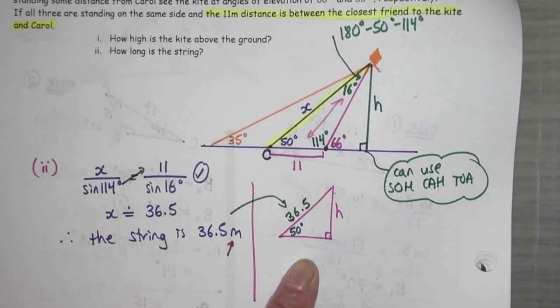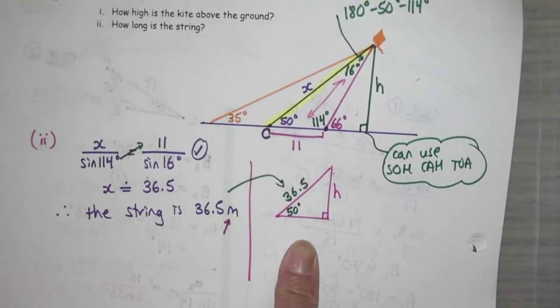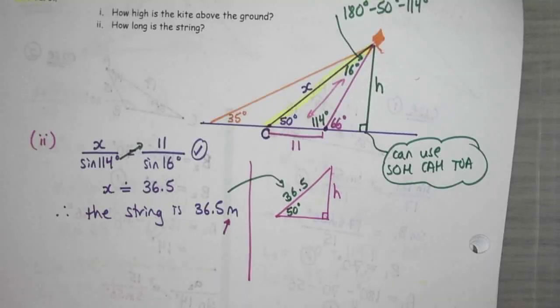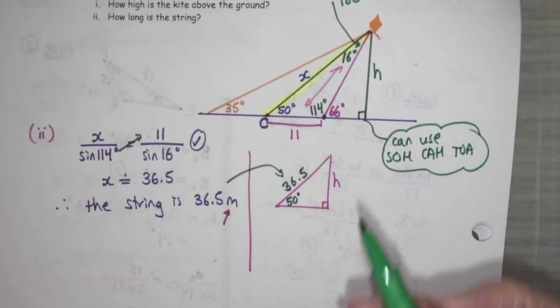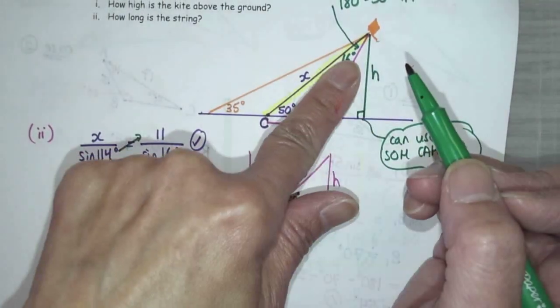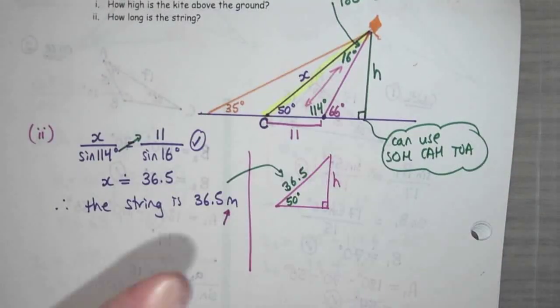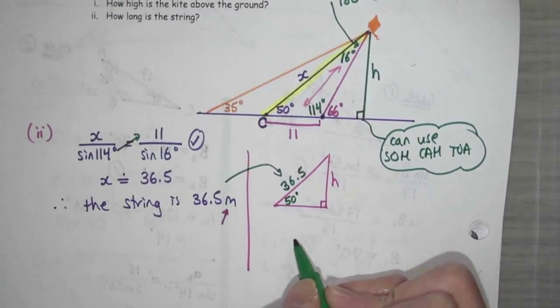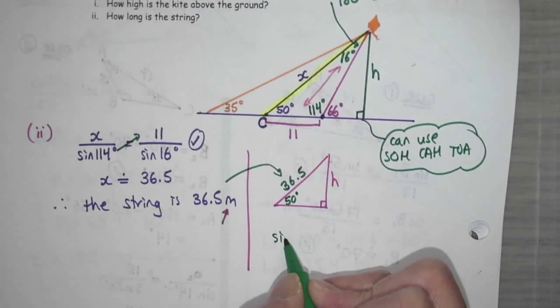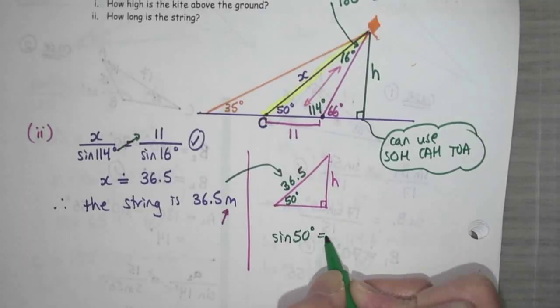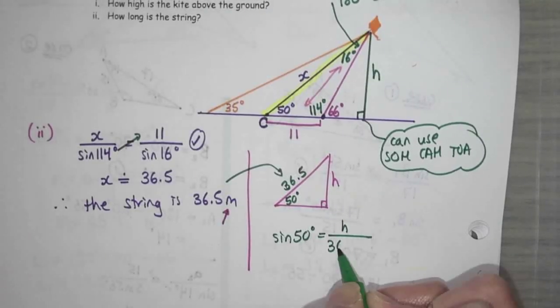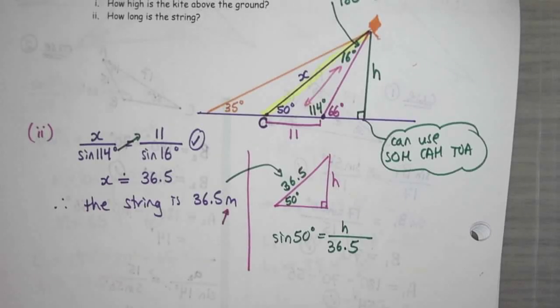You can find it that way as well, but try to look for an easy way too, right? So go stretch it out. I sometimes redraw it and go, wait, if I'm looking at this, ignore the middle line and redraw it and go, oh, that's SOHCAHTOA right there. So then to find h, it would be sine of 50 equals h over 36.5, and we're good.